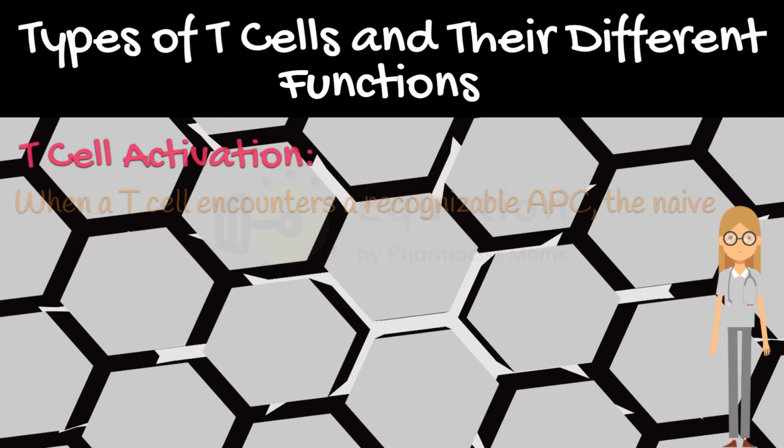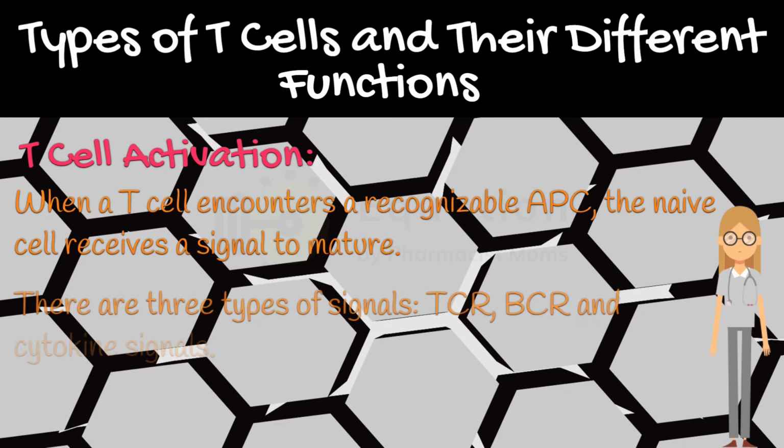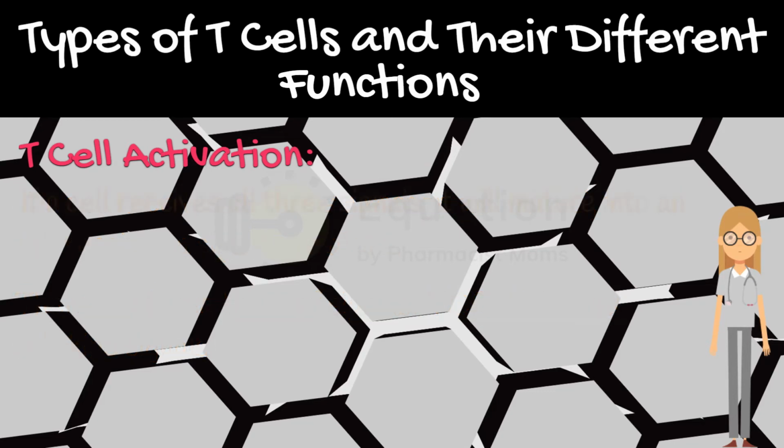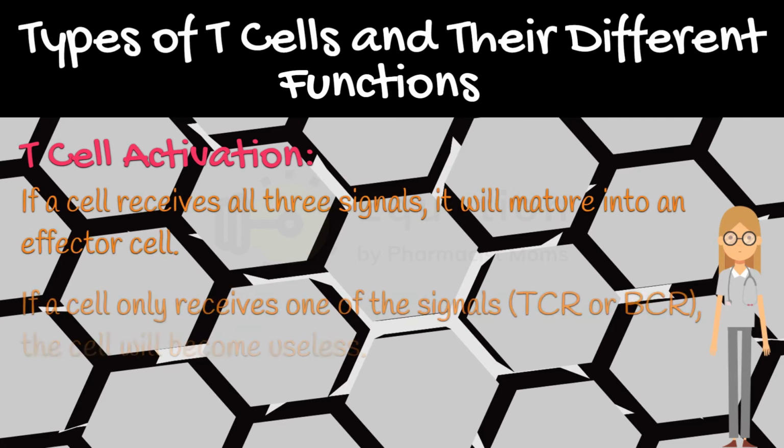How are T cells activated? When a T cell encounters a recognizable APC, the naive cell receives a signal to mature. There are three types of signals: TCR, BCR, and cytokine signals. If a cell receives all three signals, it will mature into an effector cell. If a cell only receives one of the signals, TCR or BCR, the cell will become useless.